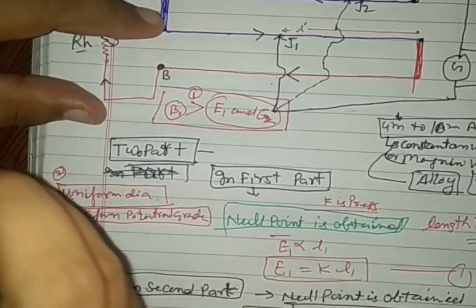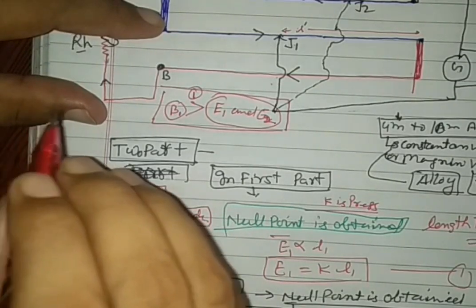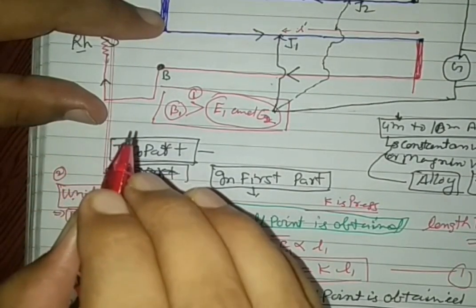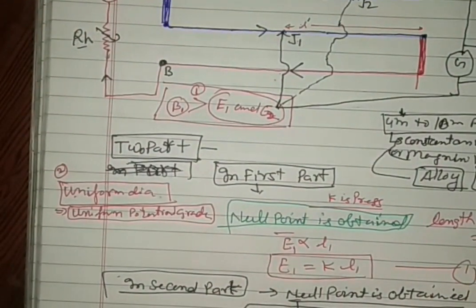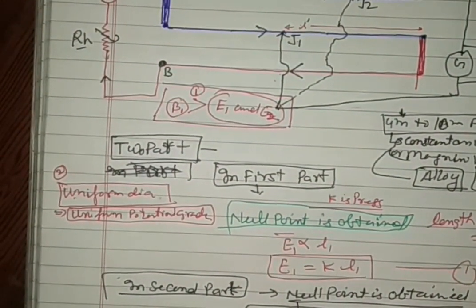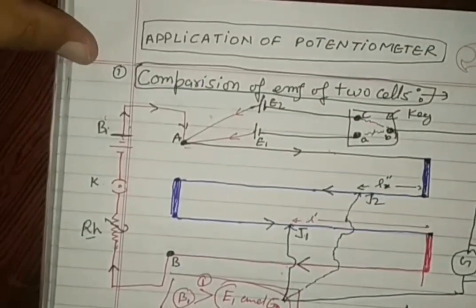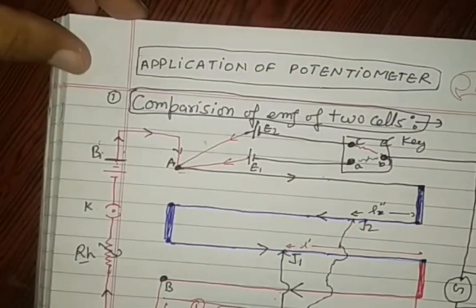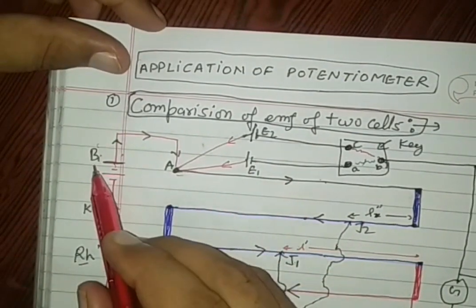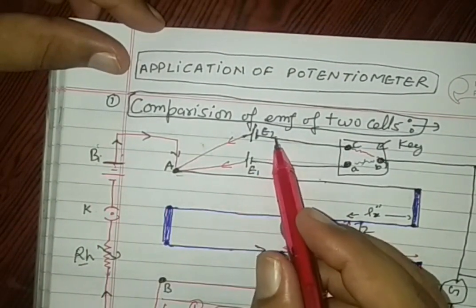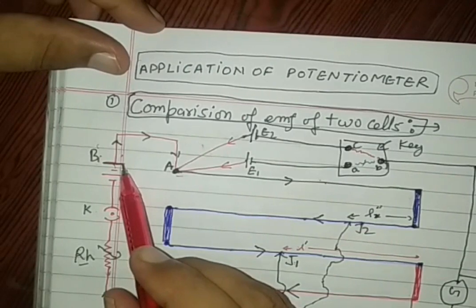One more thing here. See one more precaution. In this experiment, 3 sources of EMF are connected, B1, E1 and E2. See very carefully.